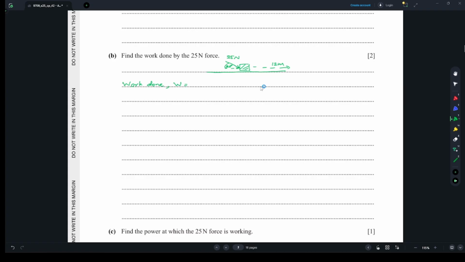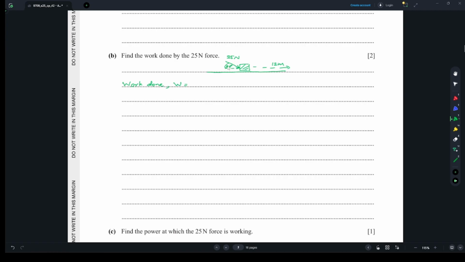This object is moving horizontally, so we have the distance horizontally, and the force also has to be horizontal.